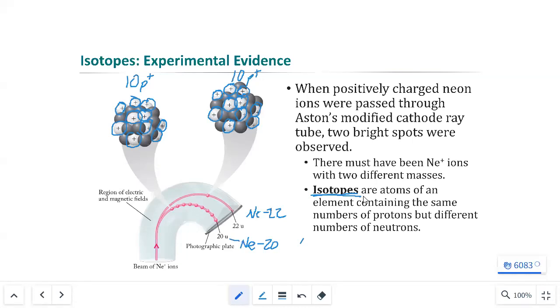Isotopes have a common atomic number, that is a common number of protons, but a differing number of neutrons. And where this will ultimately lead us is looking at a difference between atomic number versus mass number.